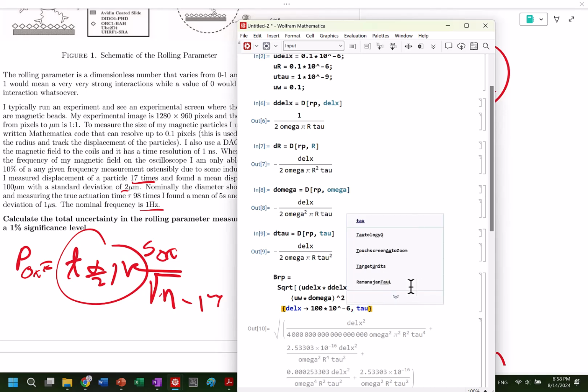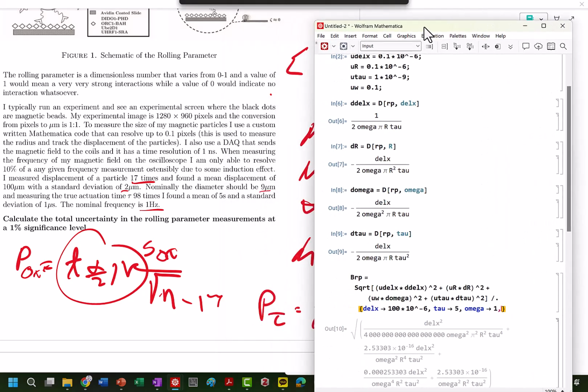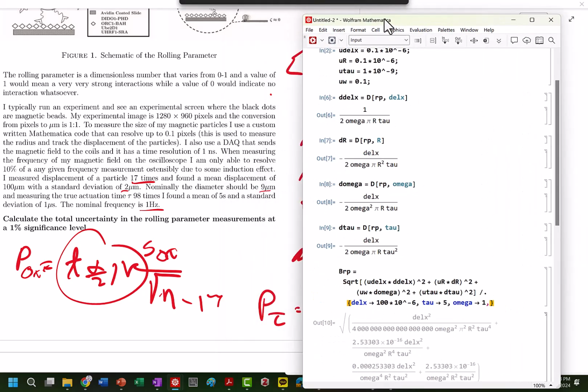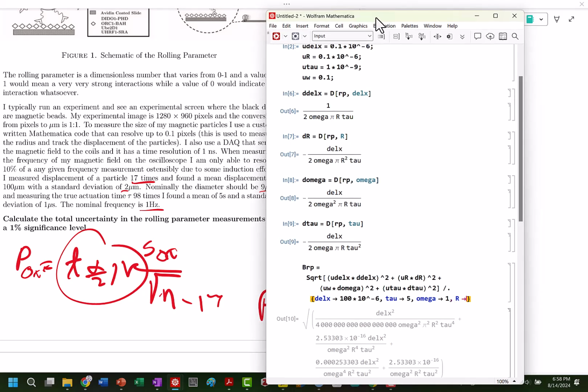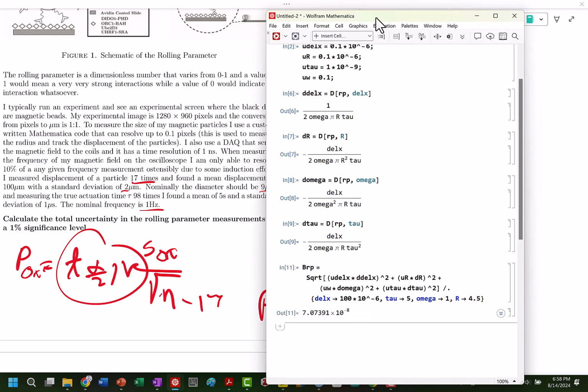So tau goes to 5 seconds. Our frequency, omega, goes to 1, and then our radius should be a diameter of 9, so our radius goes to 4.5. So that's our bias there.